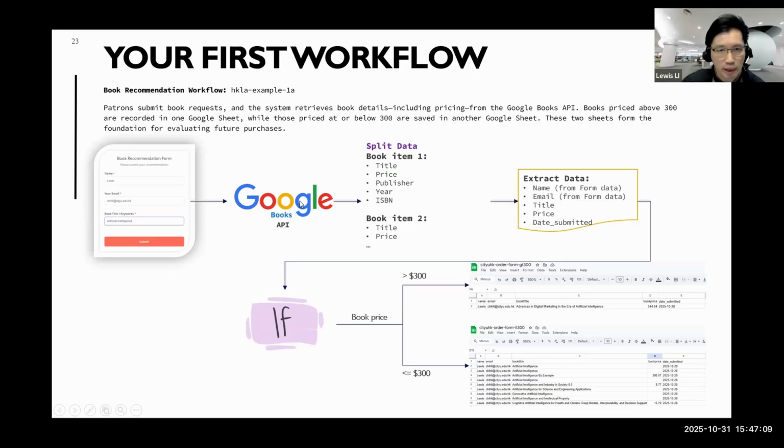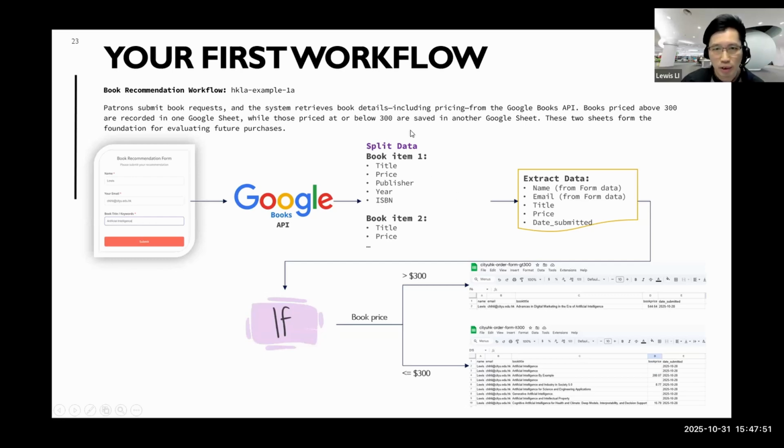If they submit the book title, it will use the Google Books API to collect the book data, including the title, price, publisher, year, ISBN, etc. Then the data collected needs to be split into individual items, because the data from the Google API is consolidated into a single item, and we need to separate it into individual book items. This is a little bit technical, but I want to show you.